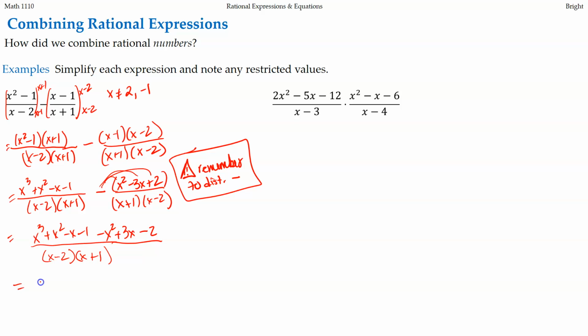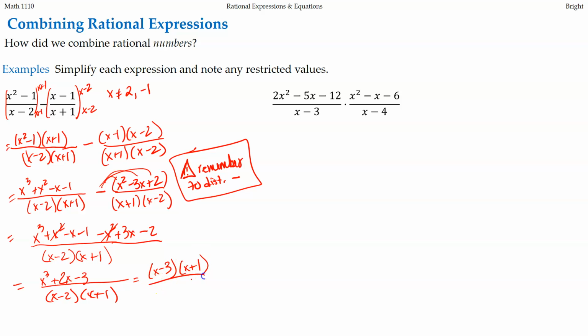And now I would just combine like terms as appropriate. So denominator remains untouched, and the numerator is going to be x cubed, and then the x squares are going to cancel, right? And then I have minus x plus 3x, so I have plus 2x in total, and then minus 1 minus 2 is minus 3. Okay, and I could go ahead and factor this. I believe it would factor, yep, this would factor as x minus 3 and x plus 1.